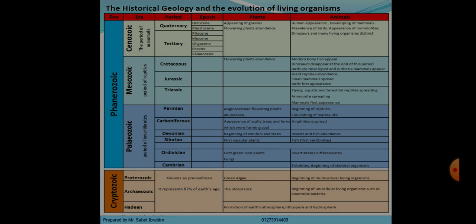And the end of Proterozoic is 542 million years ago. In the era of Proterozoic, green algae began, and also multicellular living organisms.